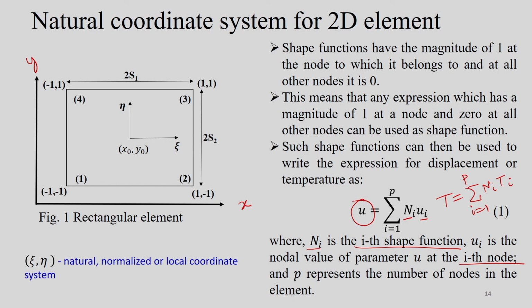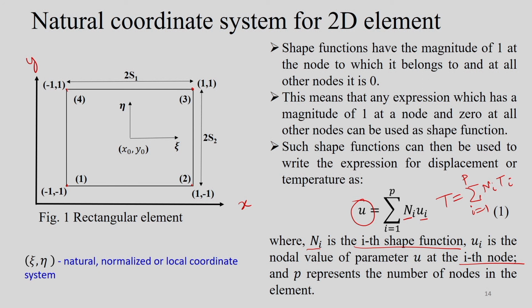Now, here if you see, this is one particular element, and each node point has some coordinate in the global coordinate system, some x y value with respect to the whole domain of the analysis.